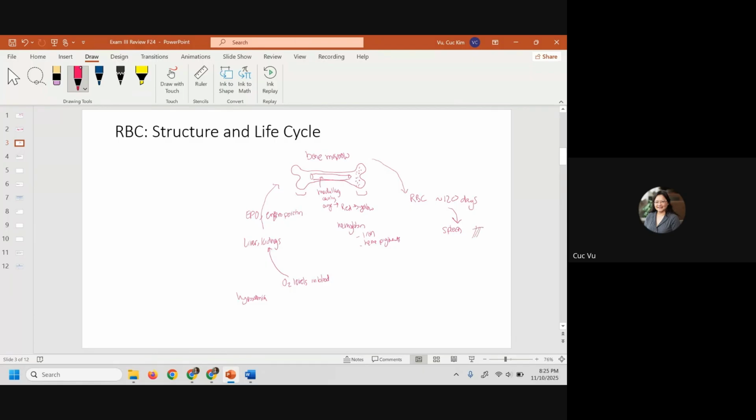It's got this mesh that collects the damaged red blood cells. And once the red blood cells are collected, they're going to be broken down into hemoglobin, because there are millions of hemoglobin in there.